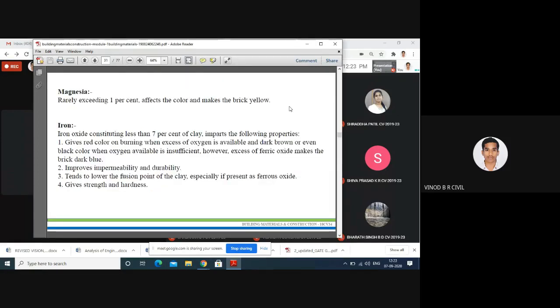Magnesia, rarely exceeding 1%, affects the color and makes the brick yellow. If you use more magnesium content, the brick is converted from red to yellow. Iron oxide, less than 7% of the clay, imparts the following properties. It gives the red color on burning when excess oxygen is available, and dark brown or even black color when oxygen is insufficient.